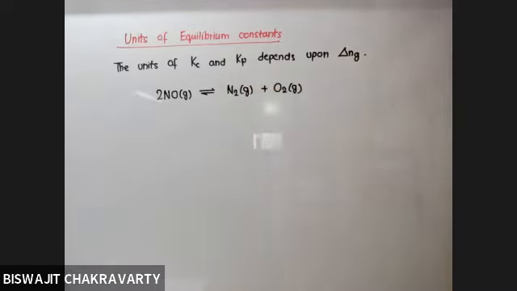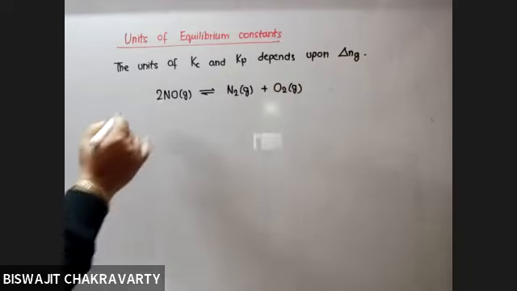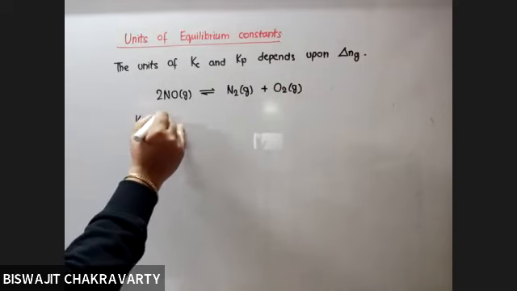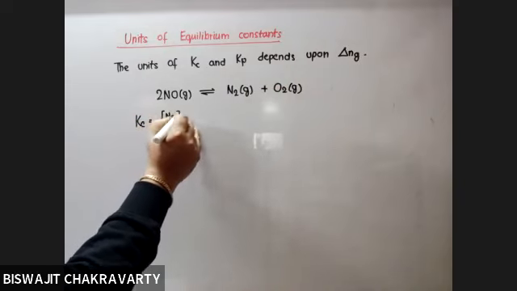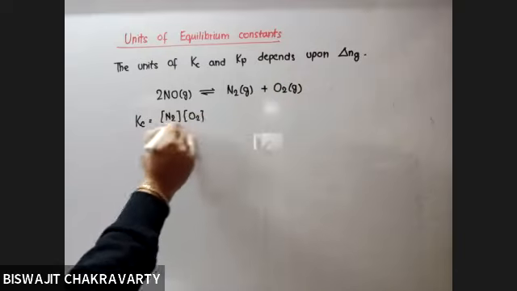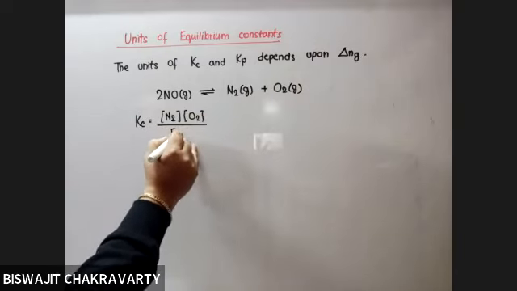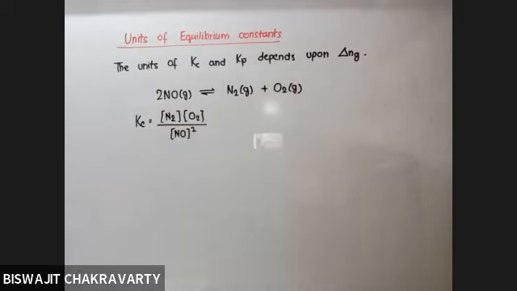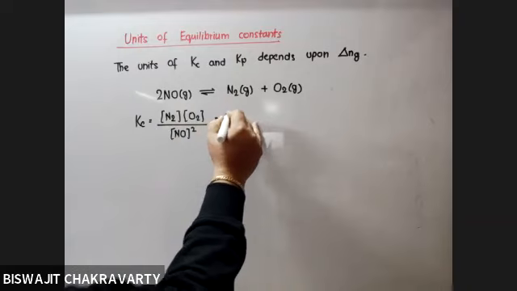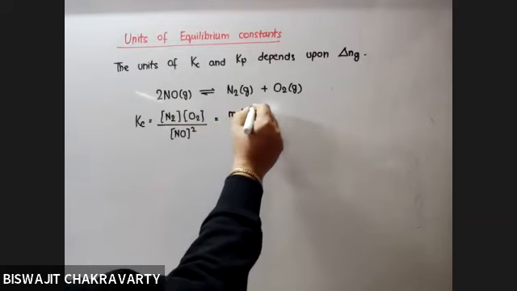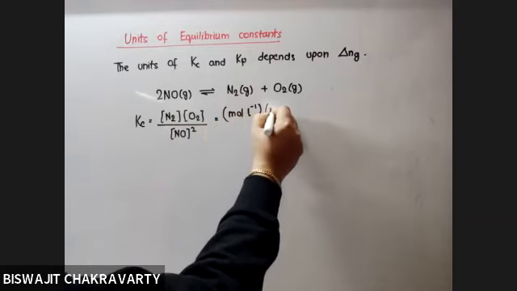And you are asked what is the unit for Kc? So the Kc expression is [N2] into [O2] divided by [NO] square. Every concentration term will have the unit of moles per liter.